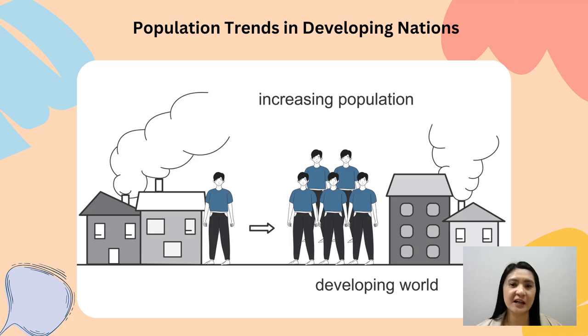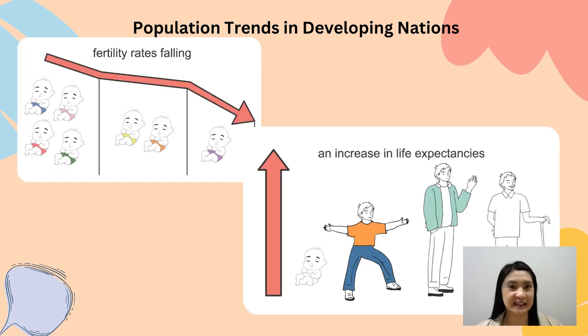Developing nations are countries with lower industrialization and living standards, and fertility rate is the average number of children born to a woman. While fertility rates are declining, increased life expectancy due to advancements in healthcare plays a crucial role in population growth.